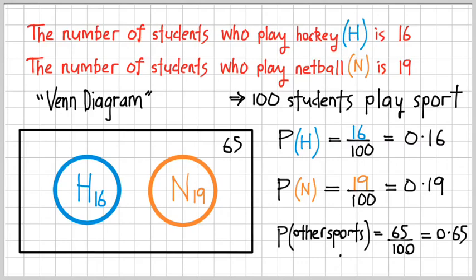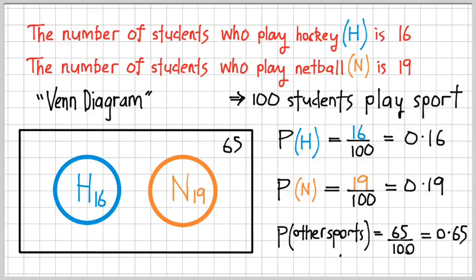Now, if you were to add these three probabilities together, you will get 1. And that's because we have put on the slide every single thing that can happen. So remember, in this rectangular box called the Venn diagram, we have everything that is going on, or all possible outcomes.